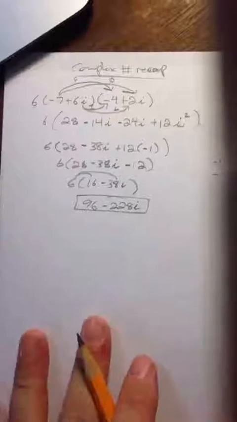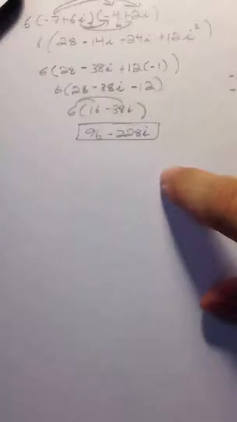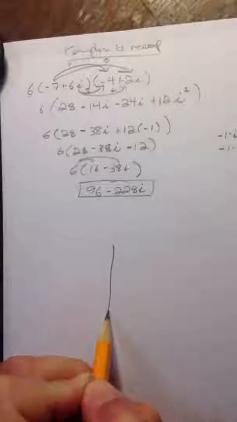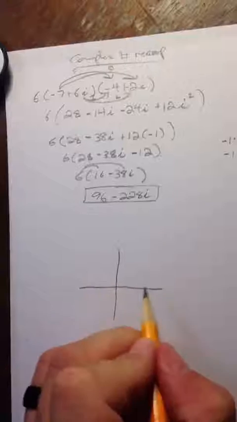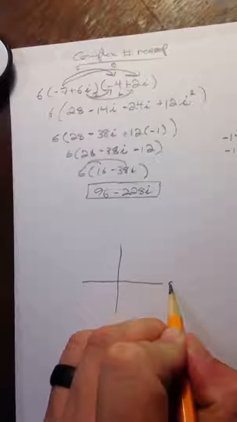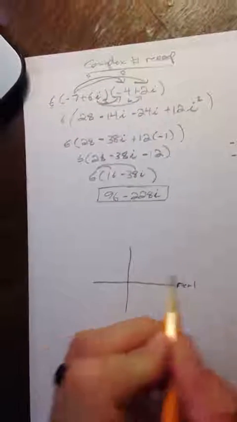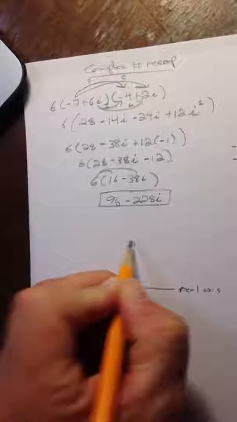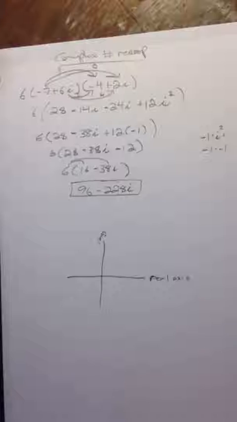Just for the sake of simplicity here, I also went through and showed how the complex number field, I call it the Argand plane, which is actually the name of it. It has a real and imaginary axis.